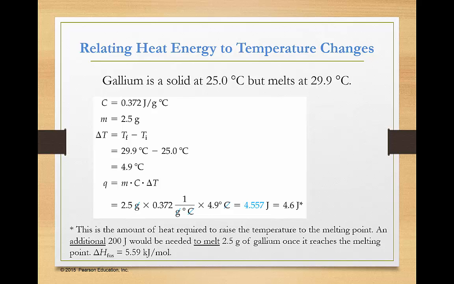And that's because of something known as the heat of fusion. We're not going to get into that right now, but that is a fantastic way to look into the amount of energy that's needed, not only to change the temperature of something, but then to undergo a phase change, to go from a liquid to a solid, or from a gas to a liquid, or down the other way on any of those scales. Okay?